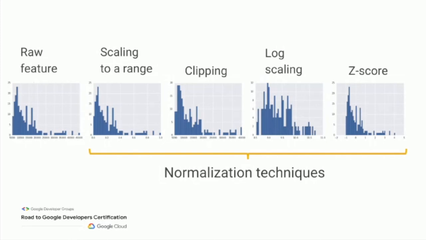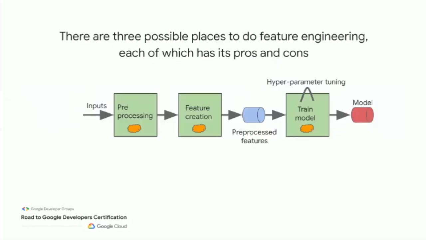And if you compare, you will see that they're different. Then we have the log scaling. Again, we want to use the log scaling. And then the z-score, that is, again, to deal with the outliers, but not for the extreme outliers, if that makes sense.